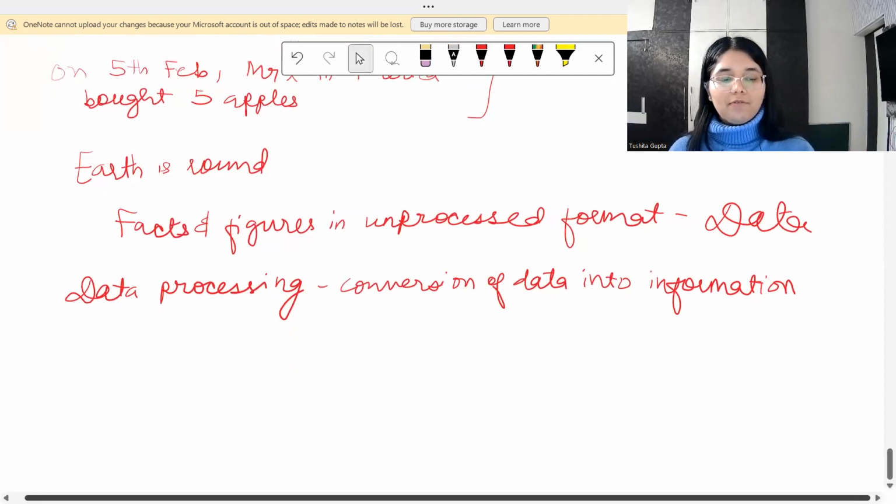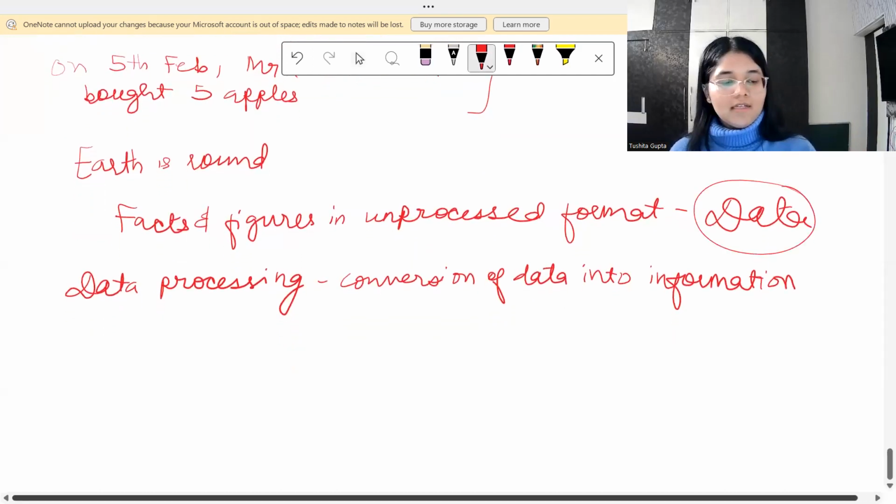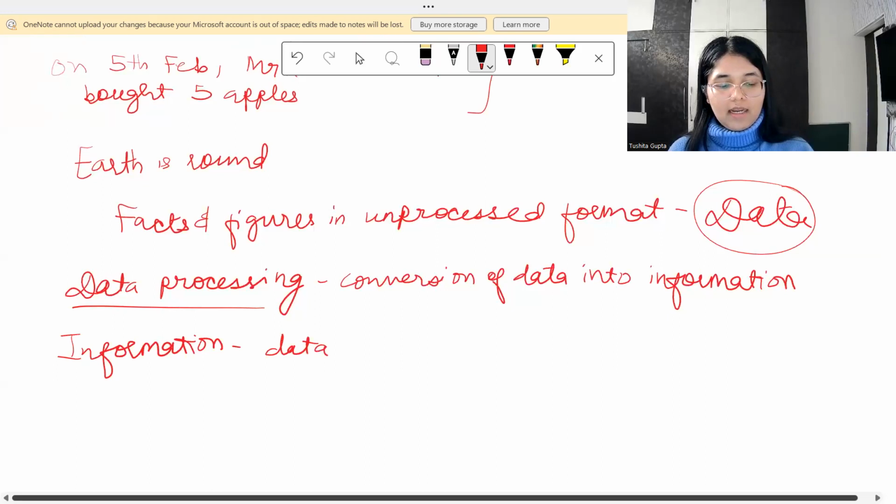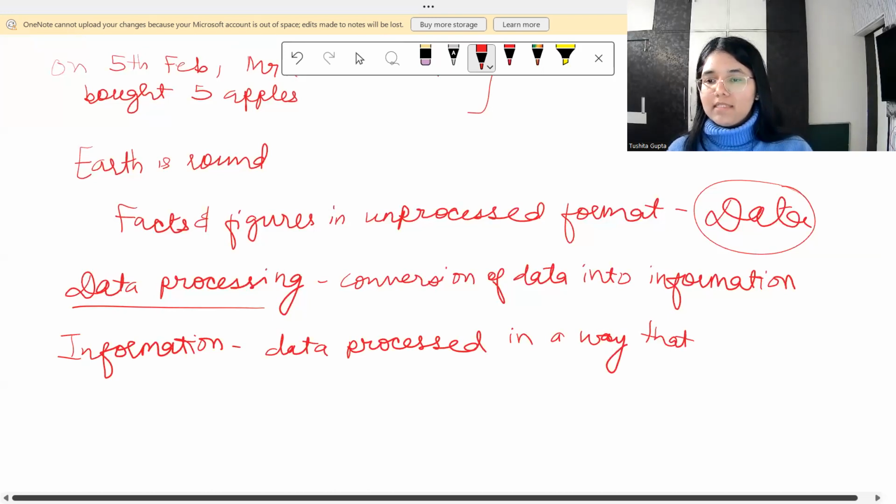So you obtain data first, then you do data processing, and after you process the data, you are able to arrive at information. So information is data which has been processed in a way that it becomes useful to the receiver.